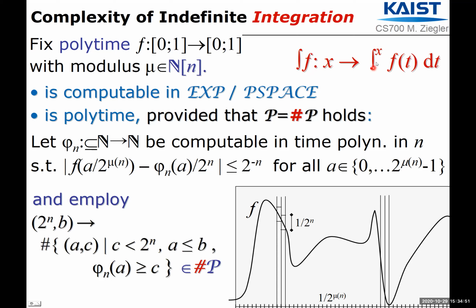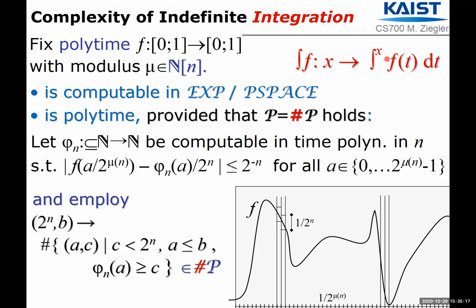And we integrate that function from 0 up to x, where x is now an argument, so that the result of the indefinite integration operator is again a function. It's an operator in this setting, not a functional. We will also consider functionals on the next slide, but here we consider indefinite integration, which constitutes an operator.